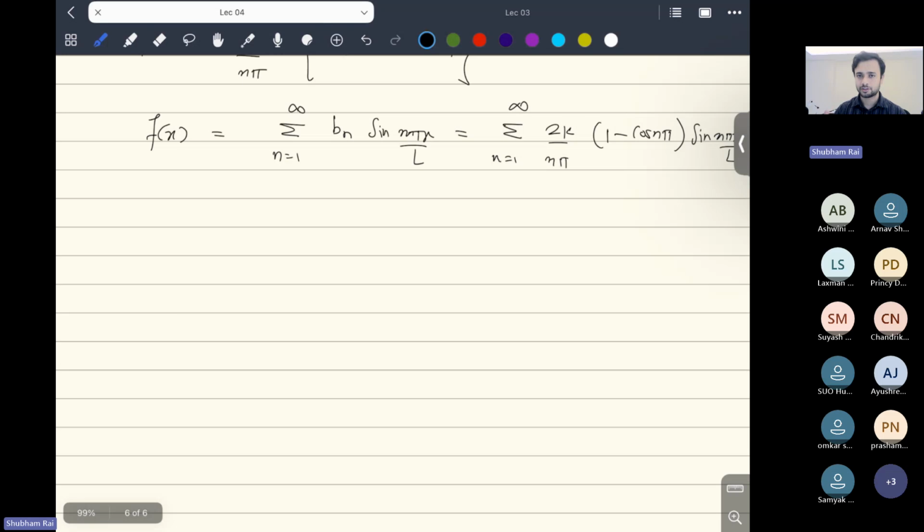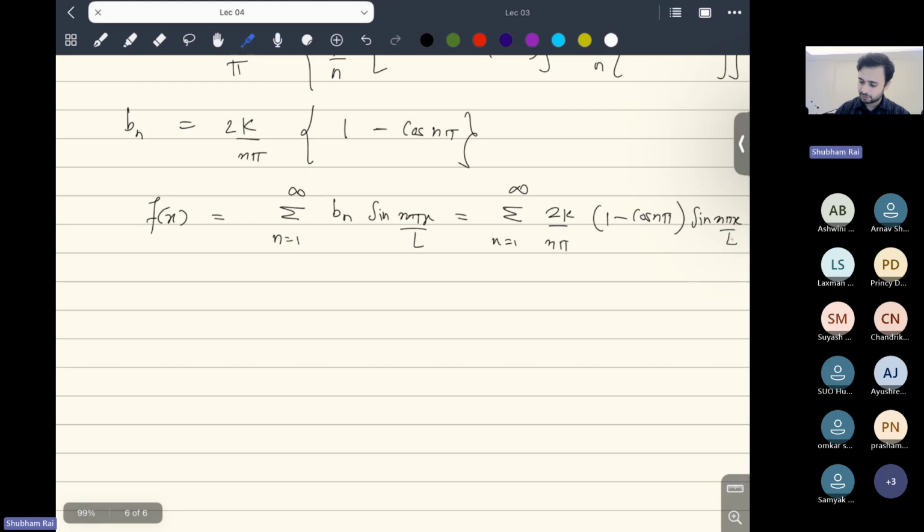So let's substitute n equal to 1, 2, 3, and so on, and let's try to find out the series. And obviously here L is pi, so it will convert into sine nx. So finally we will get.